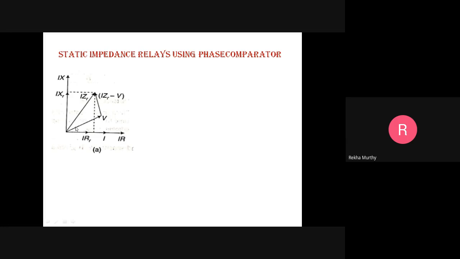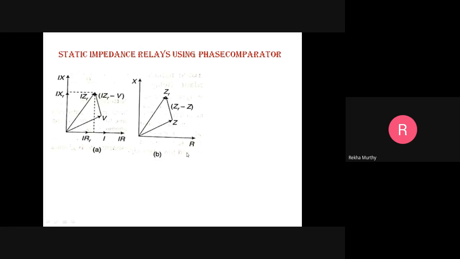In this case you will get the value here. The amplitude is nothing but the difference between I into ZR minus V. That is true, so that is the value of this line. Now what I'm going to do is divide all these phasors by the current I. So what does it result in?